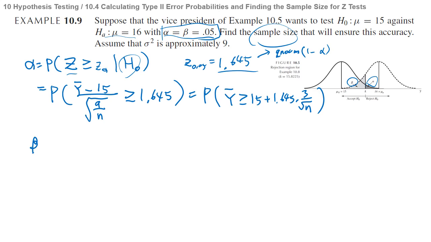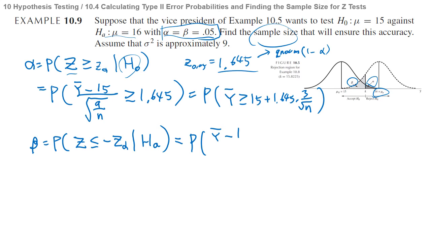And what is beta? Beta is the probability that z is less than or equal to minus z alpha given H alternative, and here the alternative mean is 16. So this time it is the probability that y bar minus 16 over the square root of 9 over n is less than or equal to minus 1.645.